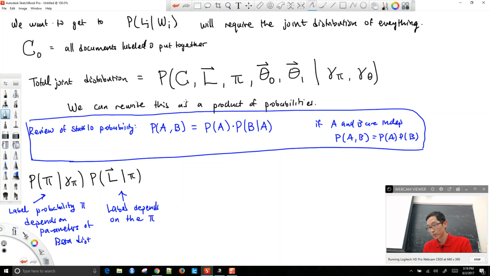So we've accounted for the L. Let's account for the theta. Theta sub 0, the vector of probabilities defining our multinomial distribution, comes from the Dirichlet distribution.